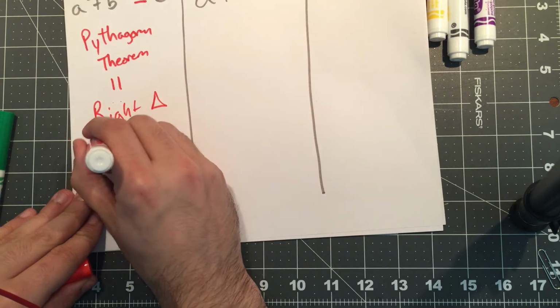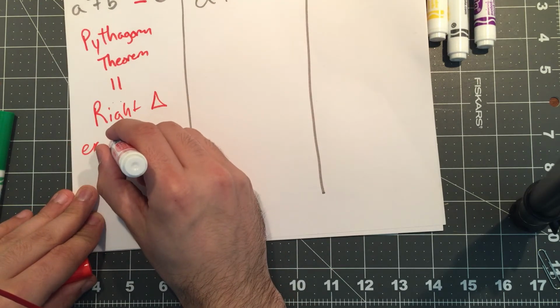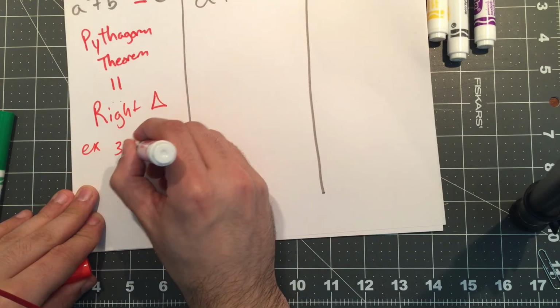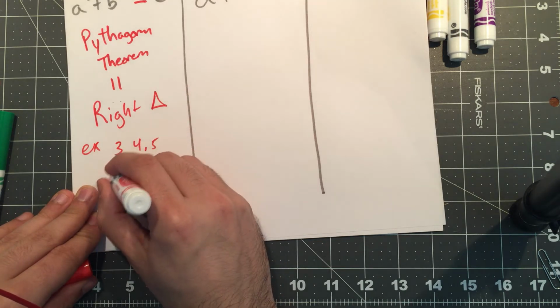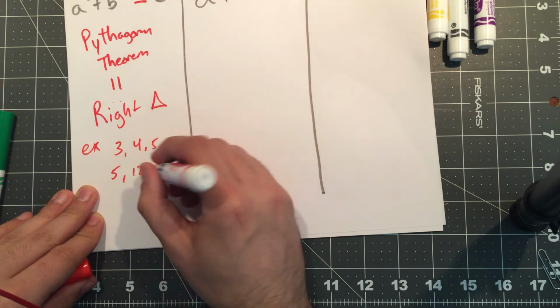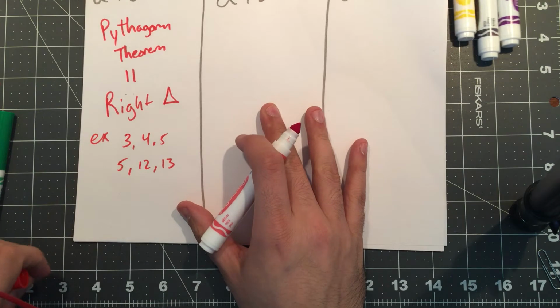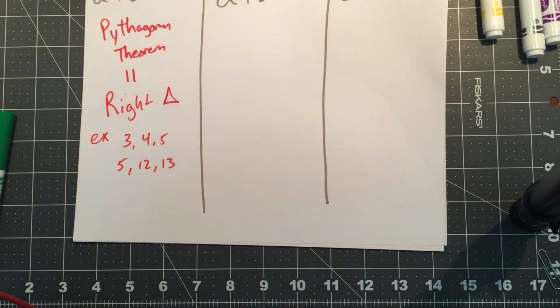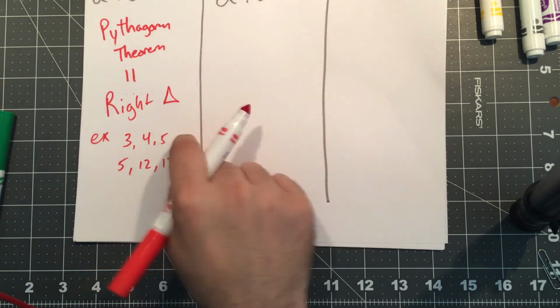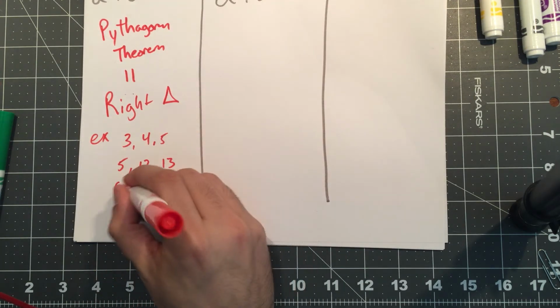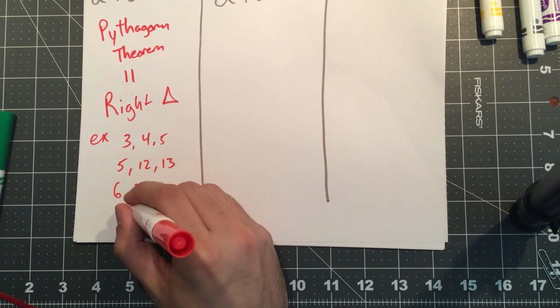Right triangles. Some examples. We have things like we did last time, 3, 4, and 5, or 5, 12, and 13 actually. So we were really close on that one. Trying to think of other Pythagorean triples. We can double this, for example, 6, 8, and 10, and on and on.